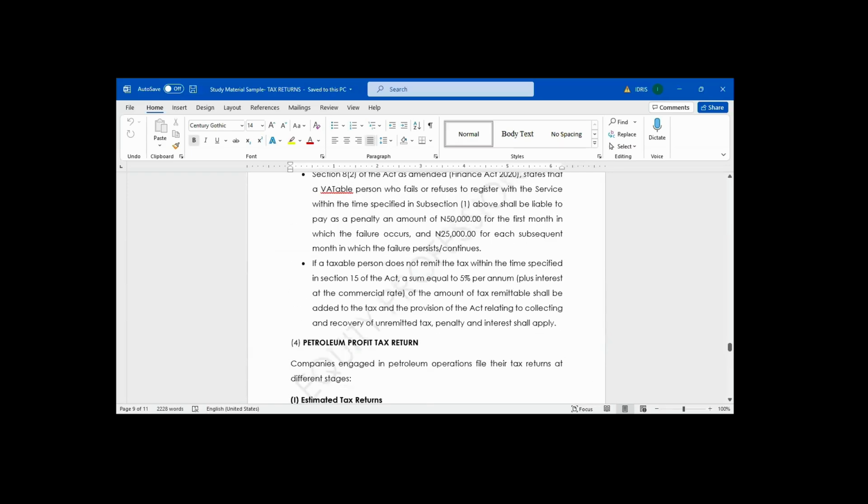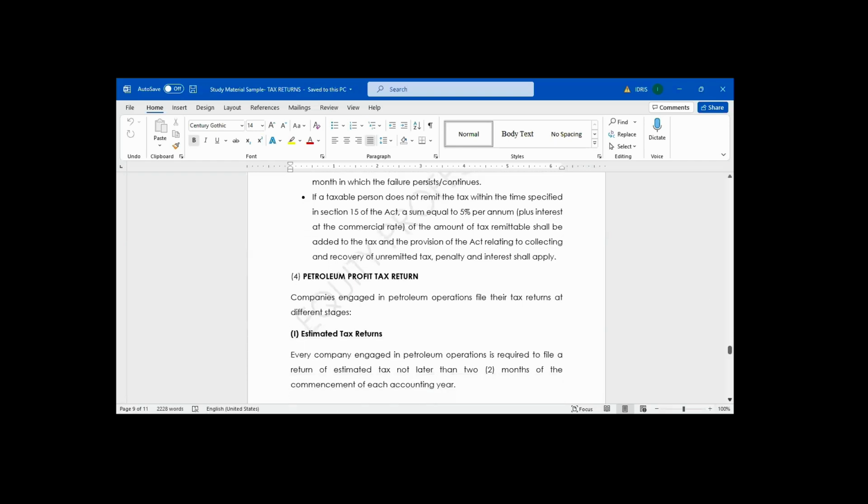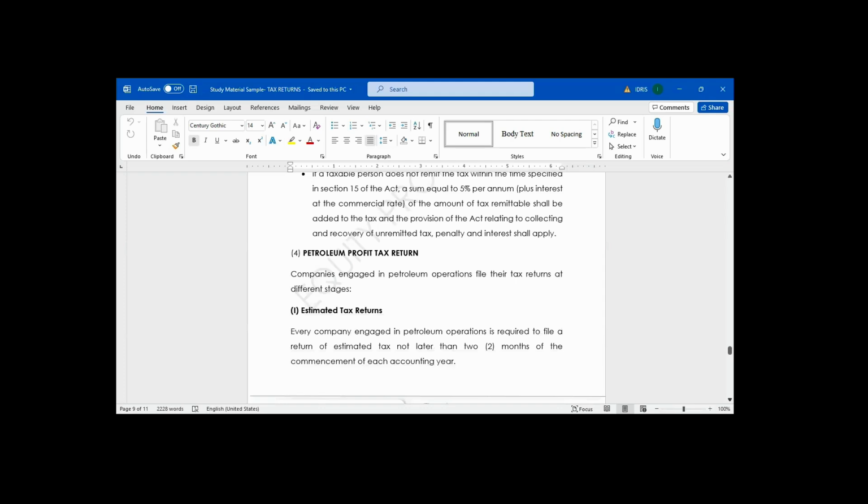That means companies like Shell, Chevron, Mobil, companies that deal with drilling and extraction of crude oil, are to file petroleum profit tax return. In accordance with the Petroleum Industry Act, petroleum profit tax is otherwise known as hydrocarbon tax.